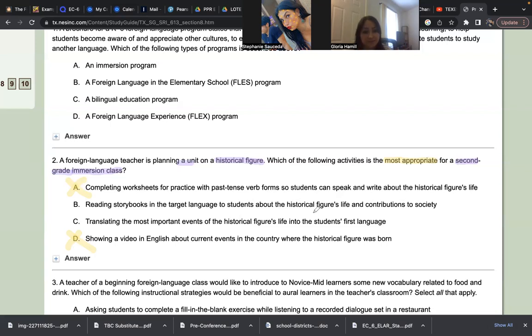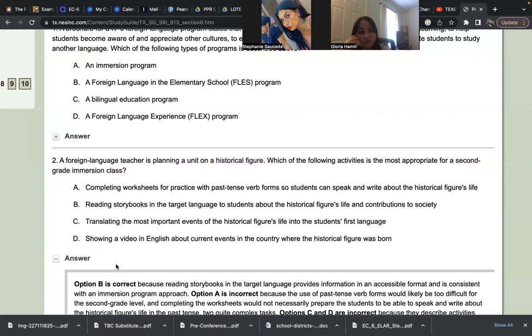To me, that's more second grade, just from experience. Translating the most important events of the historical figure's life into students' first language, I mean, that's important too, but which is best and more important? Reading about the historical figure's life. Yeah, I would think so. Reading storybooks, you're going to be understanding stories. That's what second graders will gain, or it'll resonate and speak to them.